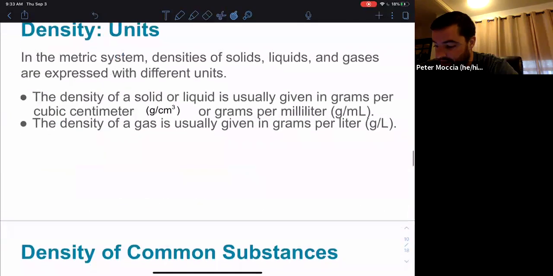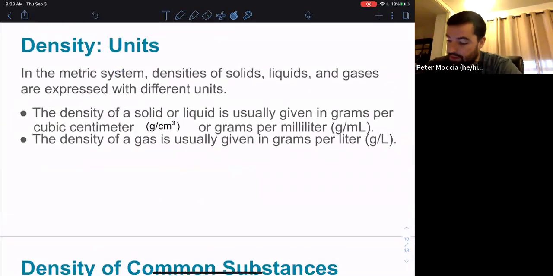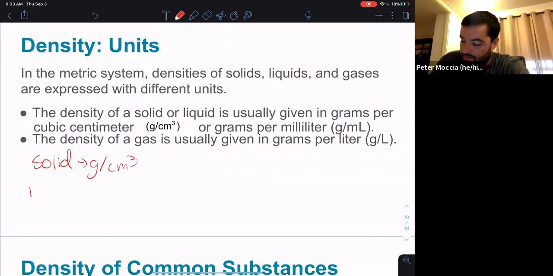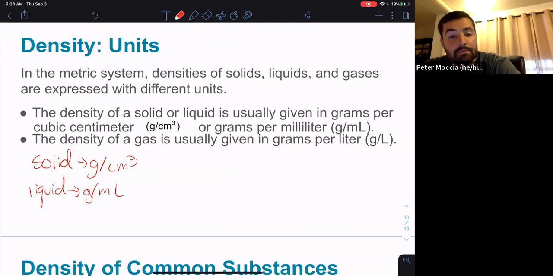The units of density. Okay. So typically the unit of density for a solid is going to be grams per cubic centimeter, and for a liquid, you're going to see grams per milliliter. And for a gas, it's typically in grams per liter.